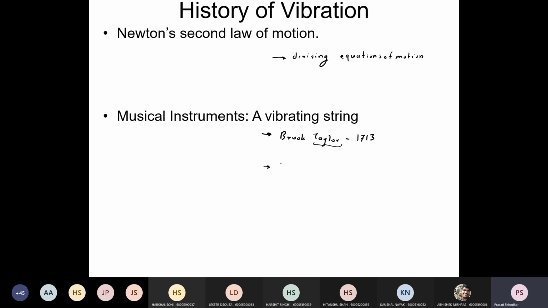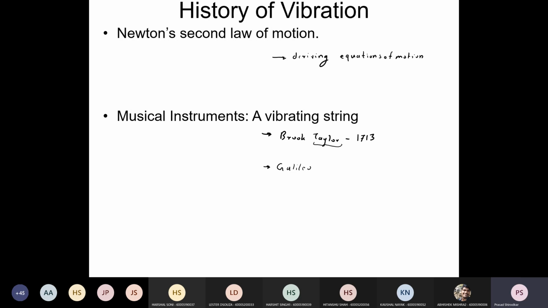Later on, Galileo conducted some experiments, and the experiments conducted by Galileo were in very much agreement with the equations developed by Taylor.